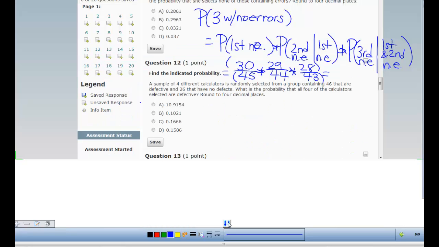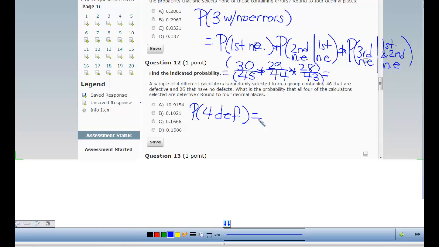A sample of 4 different calculators is randomly selected from a group containing 46 that are defective and 26 that have no defects. What is the probability that all 4 of the calculators selected are defective? So which rule are we using, or what are we looking for? Probability of 4 defective calculators.